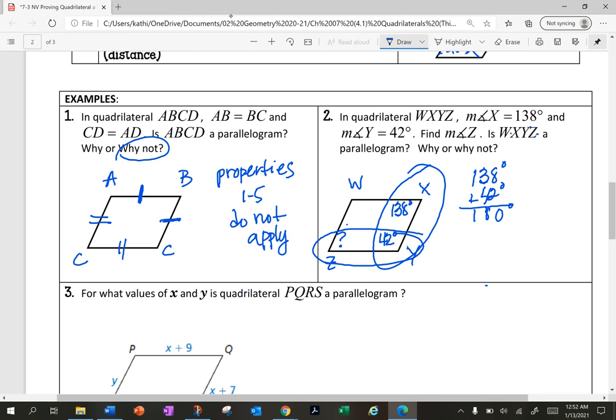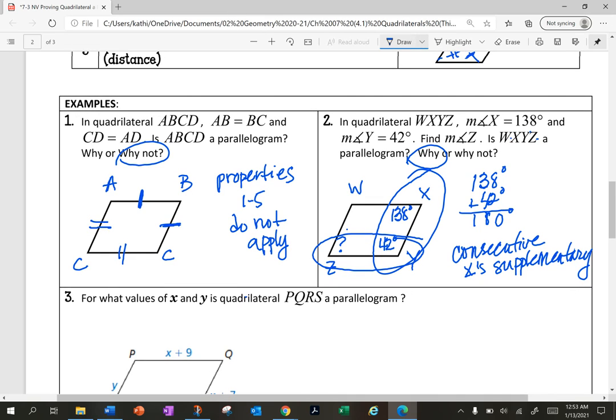Since I have consecutive angles that are supplementary, I'm going to say yes. That was one of the properties that we talked about in a previous lesson. So my answer is yes.